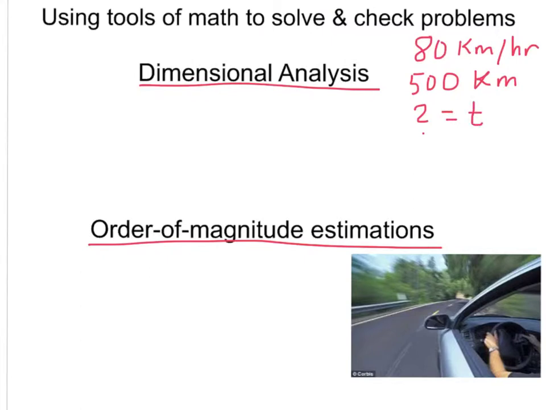Okay, how much time? Well, you can use dimensional analysis to solve this. You do not need a fancy equation, and a lot of times in physics it is that simple. Sometimes things are a little more complicated, and you do use your equations.